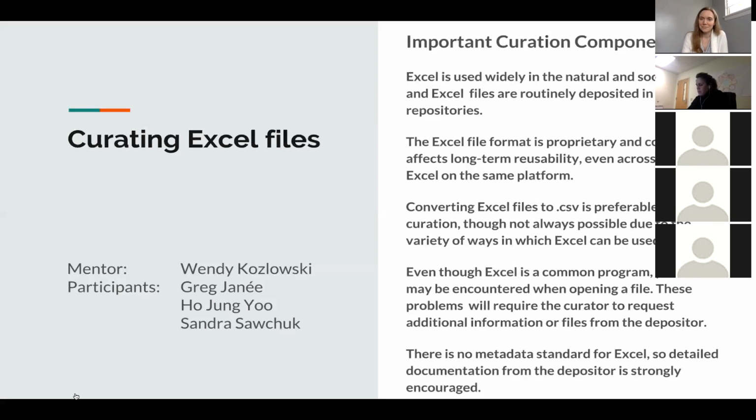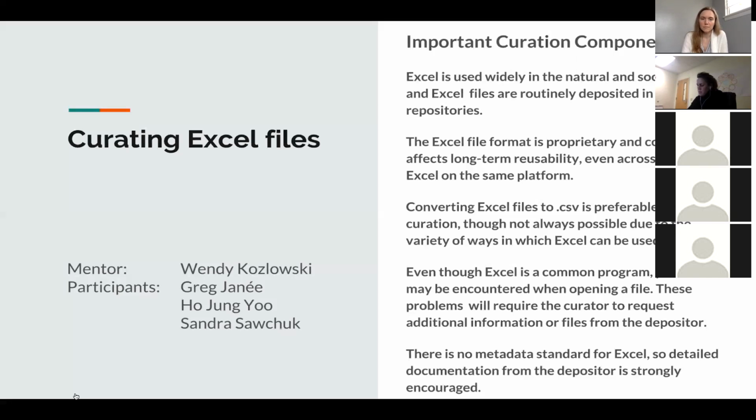So something that in a curatorial sense needs to be considered deeply is the age and the version and the format of the file itself. As well, there are many different types of Excel files.